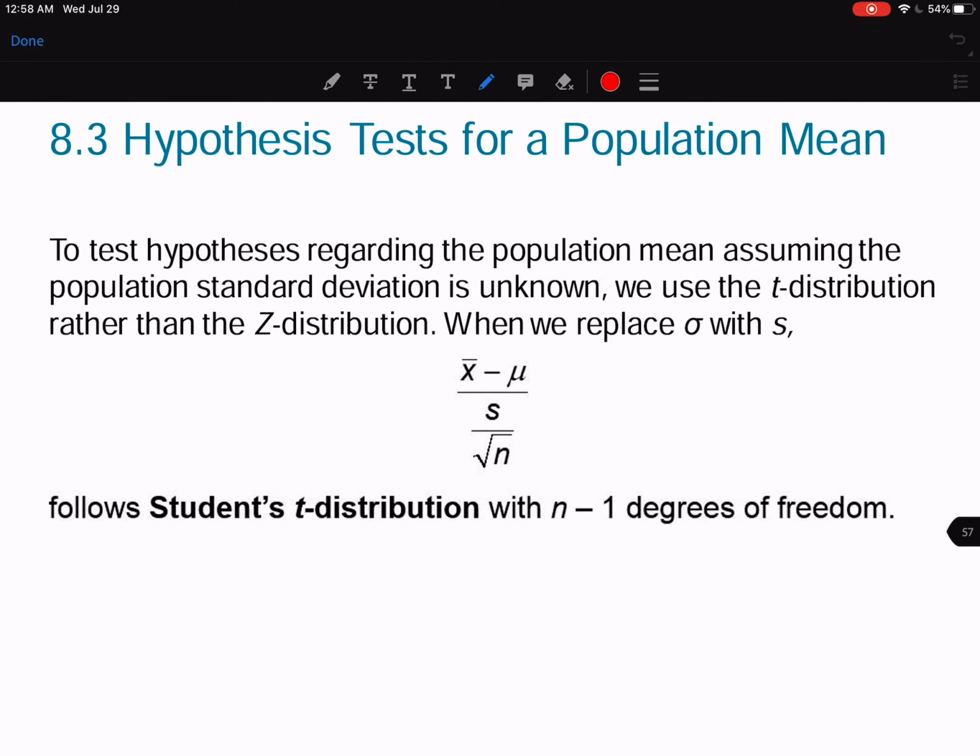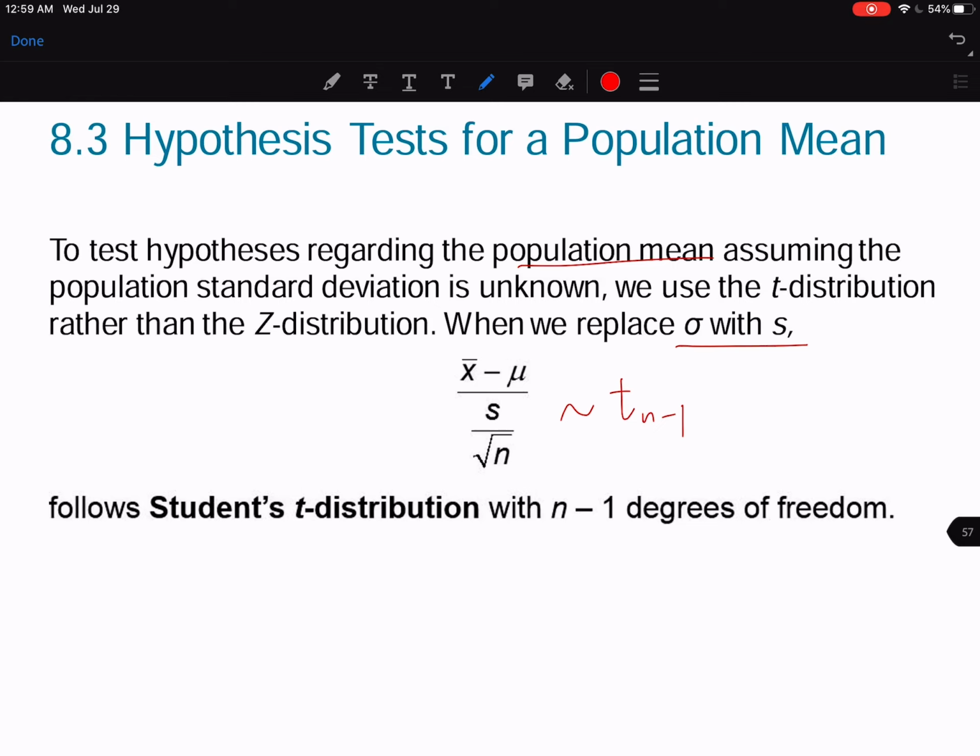hypothesis regarding the population mean assuming the population standard deviation is unknown. We use the t-distribution rather than the z-distribution when we replace the population standard deviation sigma with the sample standard deviation s. So this thing, as we went over in section 7.2, this whole thing follows a t-distribution with degrees of freedom n - 1.